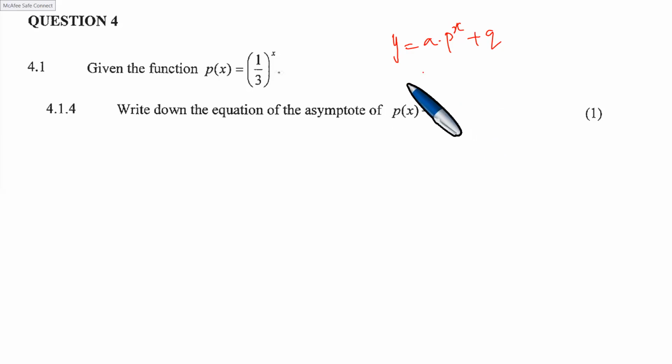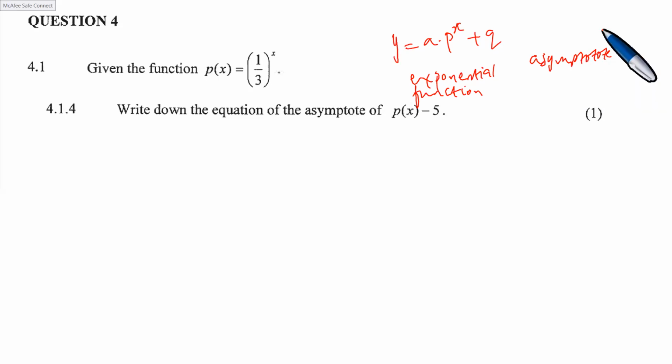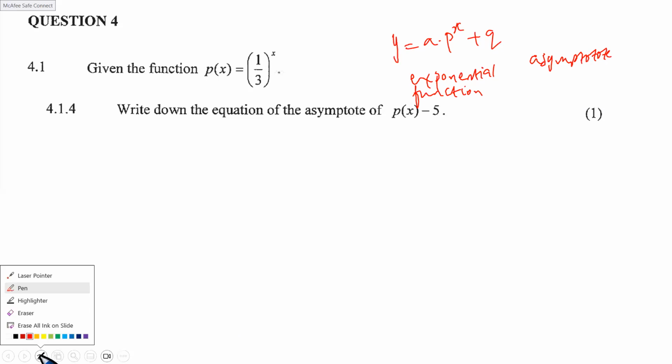Okay, but now this one is an exponential function. Being an exponential function, there's a couple of things you need to realize. It is an exponential function with the asymptote. So the asymptote is actually the y, it is the constant.